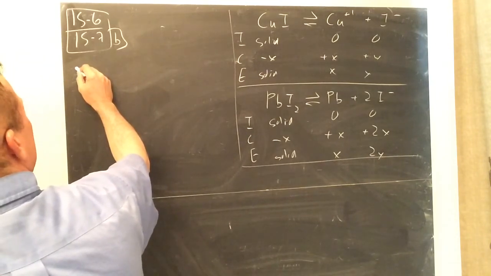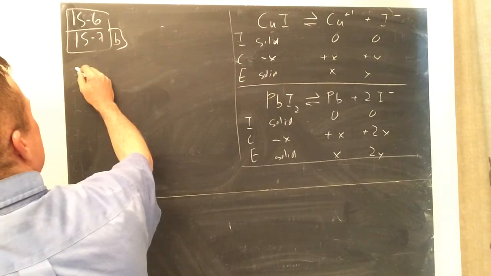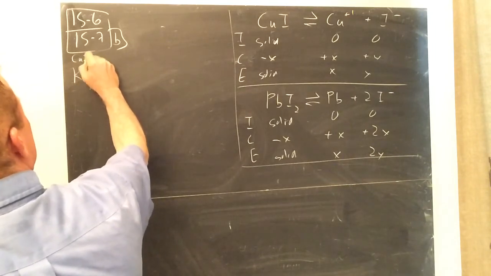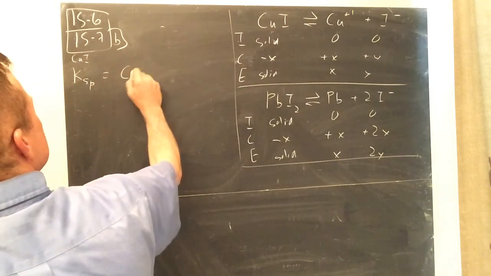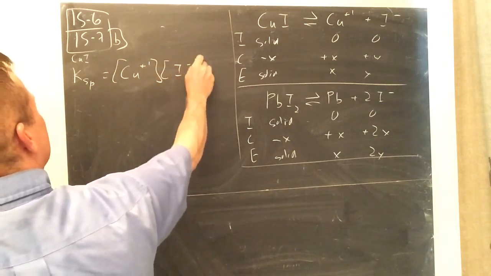So what I'll do is put Ksp for CuI equals Cu plus 1 times I negative 1.